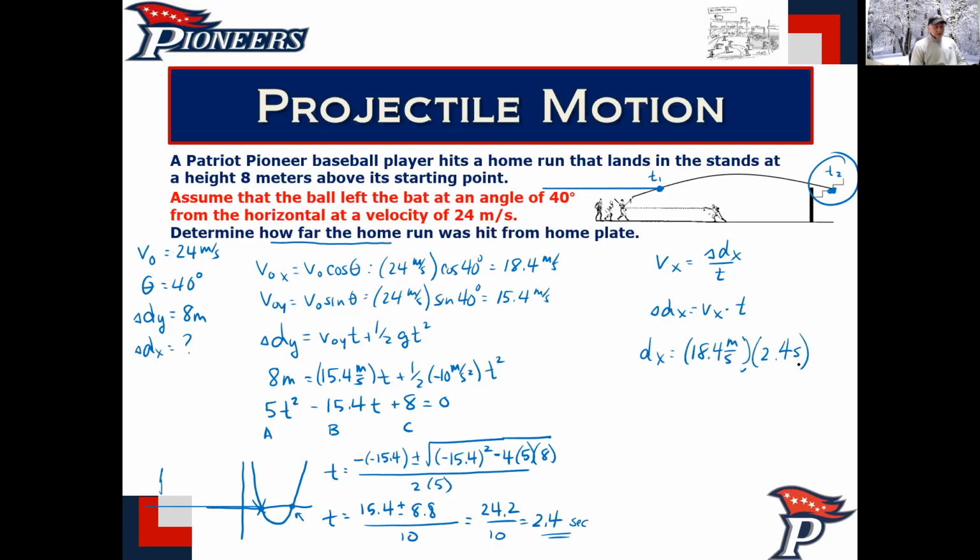I was like, that was 446 meters. That would be a monster home run. Let's try the right number. 44.2. That would actually be pretty small, right? So maybe we're playing on a little kids field.